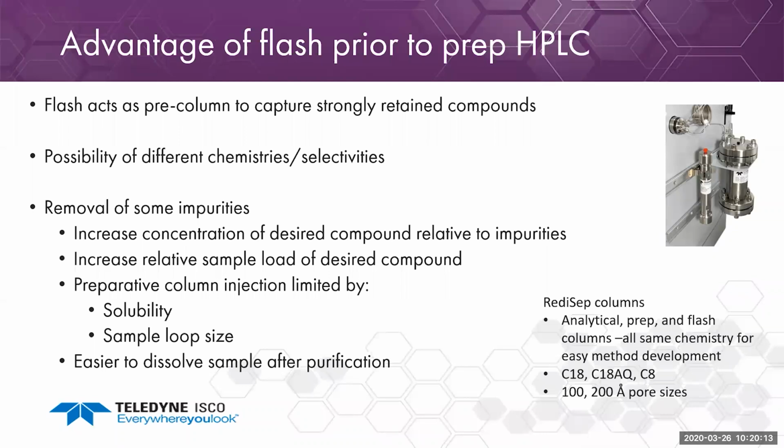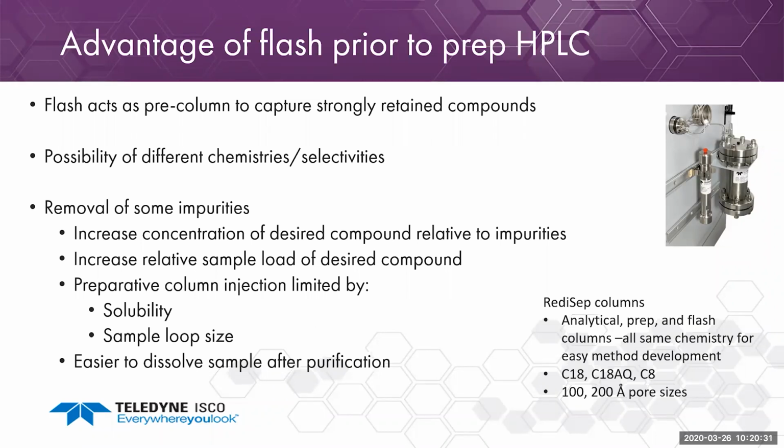One advantage of flash prior to prep HPLC: we can use flash chromatography as well to purify peptides. Flash is a lower resolution purification technique that uses less expensive columns and equipment.